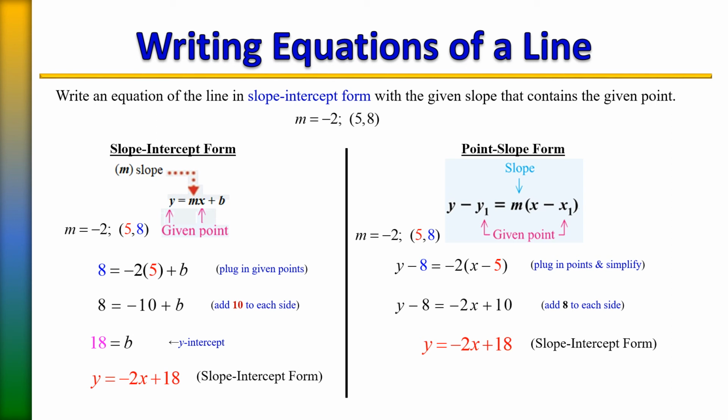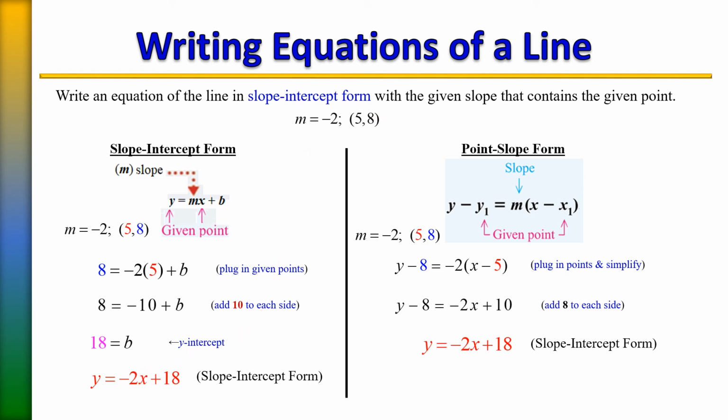Now notice when you are solving using the point slope form, it gives you your entire line once you solve for y. When you're using the slope-intercept form, it only tells you what b is, and then you have to put everything together of the given information that you were given in order to write your line.